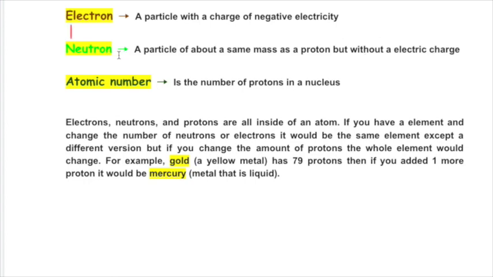So a neutron is the same mass as a proton, as heavy as a proton, but doesn't have an electric charge. So a neutron is basically like a proton and an electron, except not really, because a neutron isn't positive, but it isn't negative. It doesn't have any electric charge.